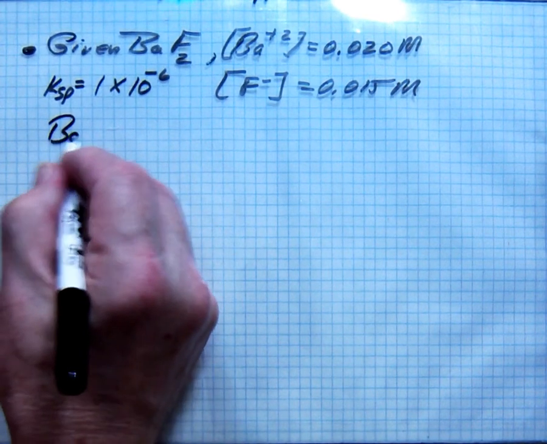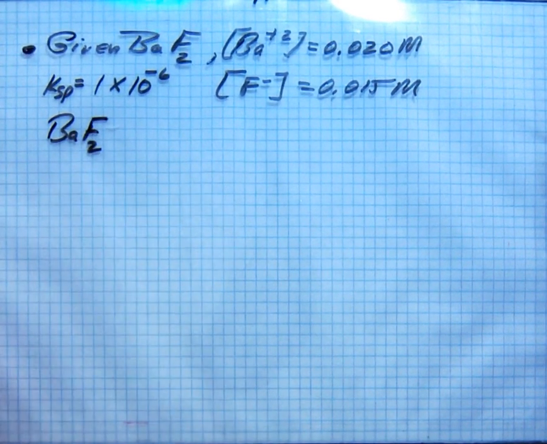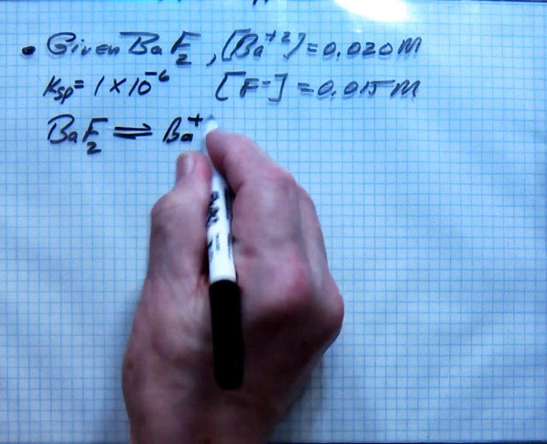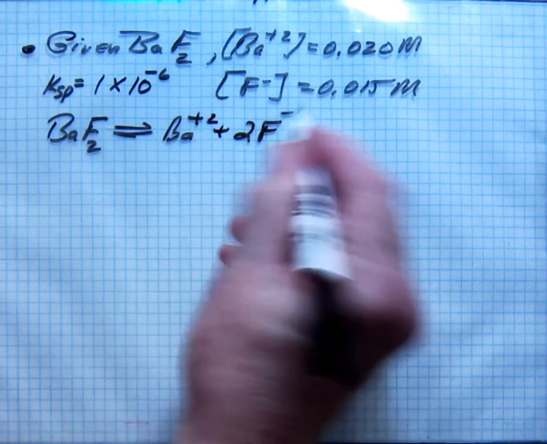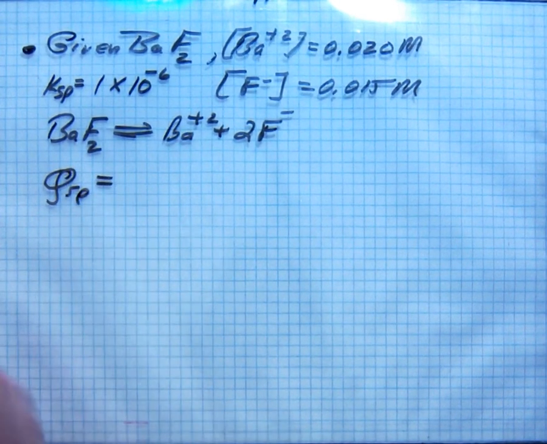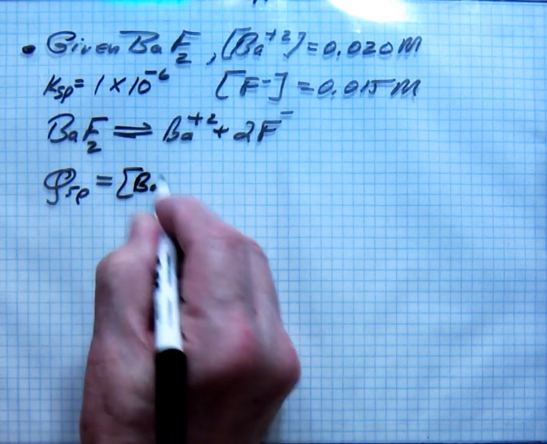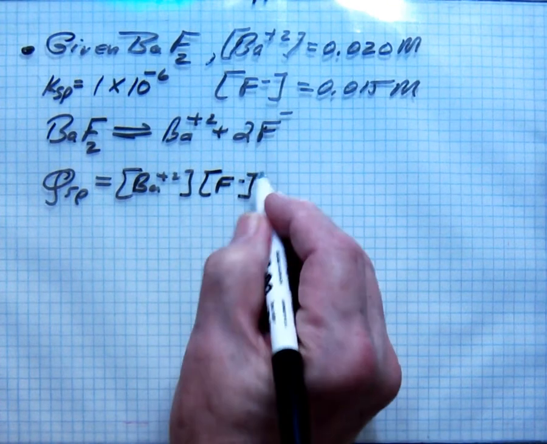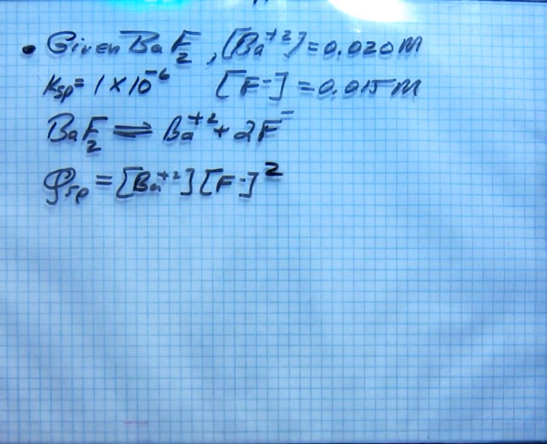Barium fluoride is a 1 to 2 issue, like that, and goes to barium plus 2 and 2 fluorides. So its QSP expression, being the same as the KSP expression, is barium times fluoride concentration squared.